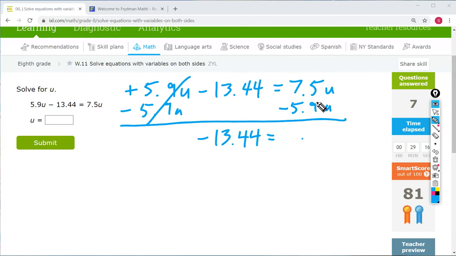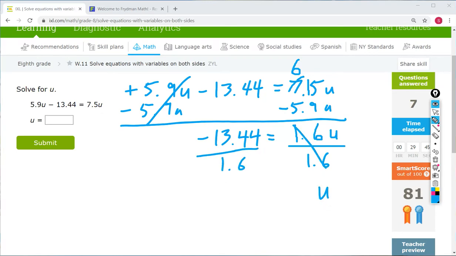5 minus 9, I can't do that when I'm calculating with decimals like this. So I can't take 9 away from 5. I'm going to have to borrow from the 7. That becomes a 6. Put a 1 next to the 5. 15 minus 9 is 6. And 6 minus 5 is 1. So I get 1.6u over here. Now I can go ahead and divide both sides by 1.6.